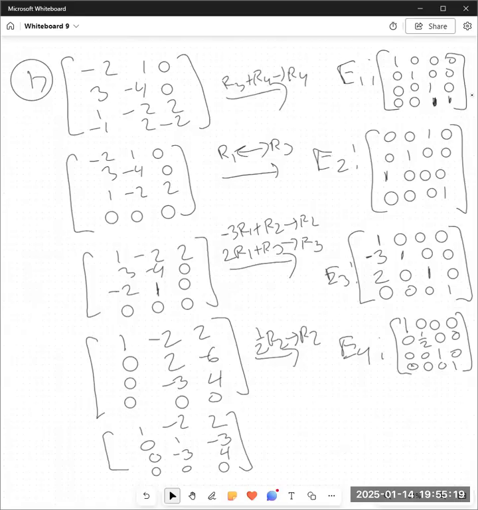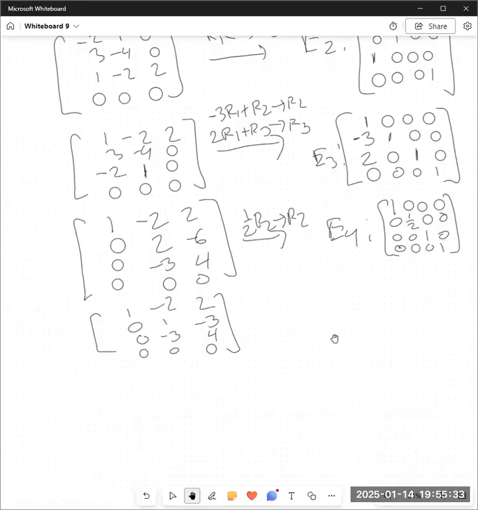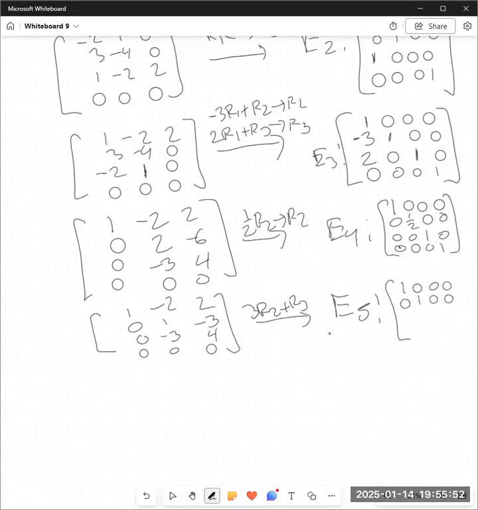Now I'm just trying to write this in row echelon form. I'm not trying to get all the way down to reduced row echelon form. Still have a couple more steps though to get it in row echelon form. So we're going to multiply 3 times row 2 plus row 3. And this makes E5, which is 1, 0, 0, 0, 0, 1, 0, 0.